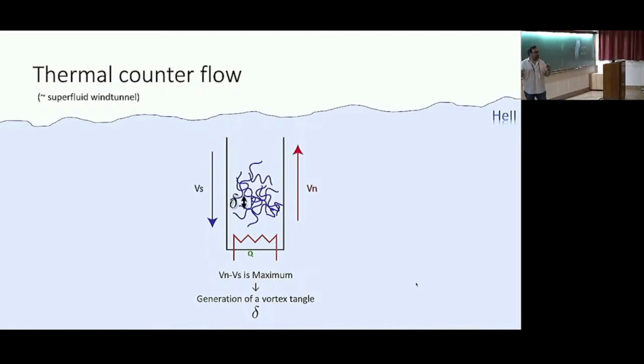Therefore, this flow maximizes Vn minus Vs, and Vn minus Vs is the force with which both of these fluids interact; it is proportional to this value. And therefore, it generates quantum vortices in this tube. We can quantify what happened in this tube by the average intervortex distance between two of these spaghettis in this pipe.